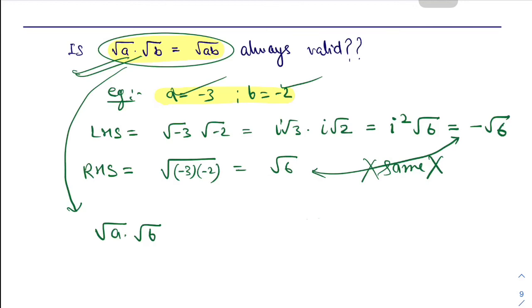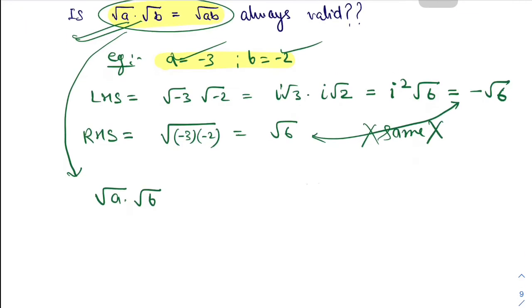What is non-negative? Non-negative is either 0 or positive. ओके, सो कम से कम एक जो है ए और बी में से एक तो तुम्हें नॉन नेगेटिव लेना ही पड़ेगा. अगर तुमने दोनों ही नेगेटिव कंसीडर कर लिए तो ये जो रूल है ये फेल हो जाएगा.